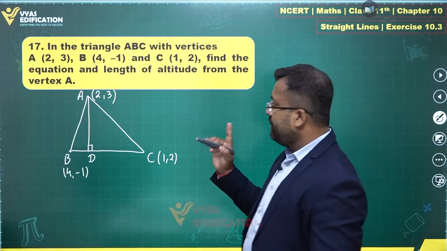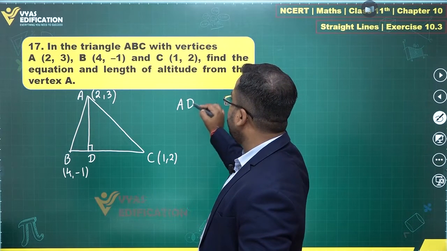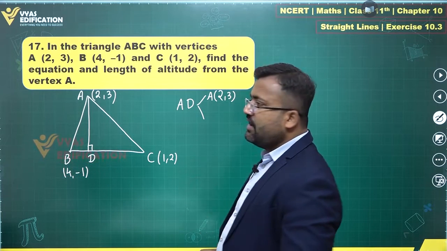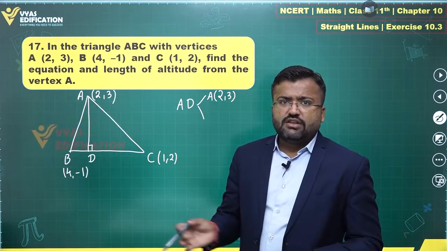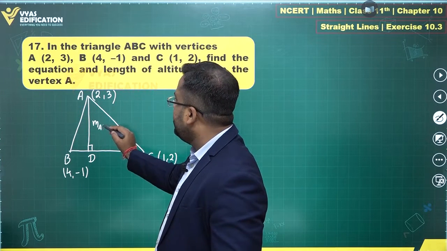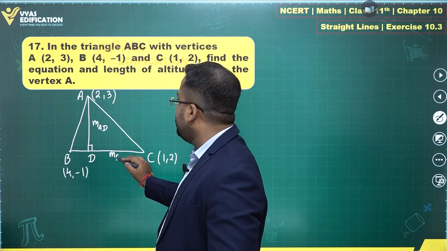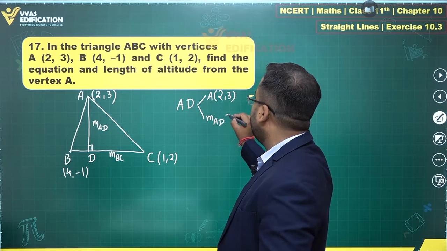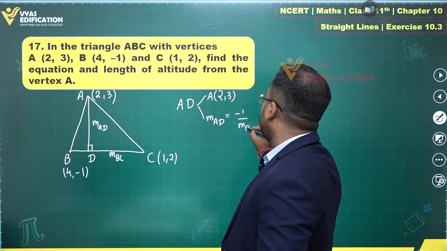So for AD, there will be two things which are required. For AD, you already have the point A, which is 2, 3. And another condition that is required is maybe the slope, since perpendiculars are involved. If this is M of AD, this is M of BC, you can clearly observe that M of AD will be equal to -1 upon M of BC.